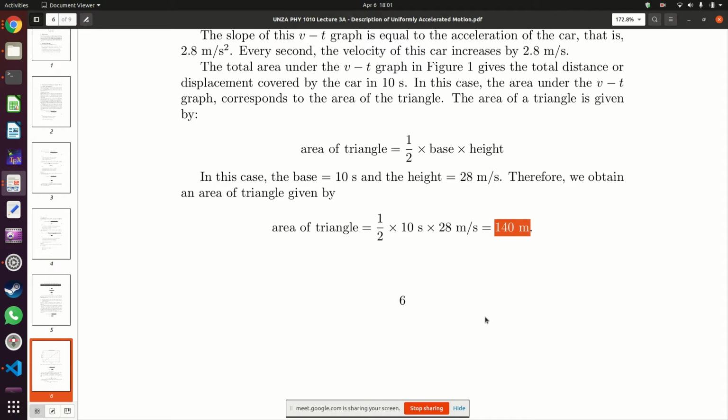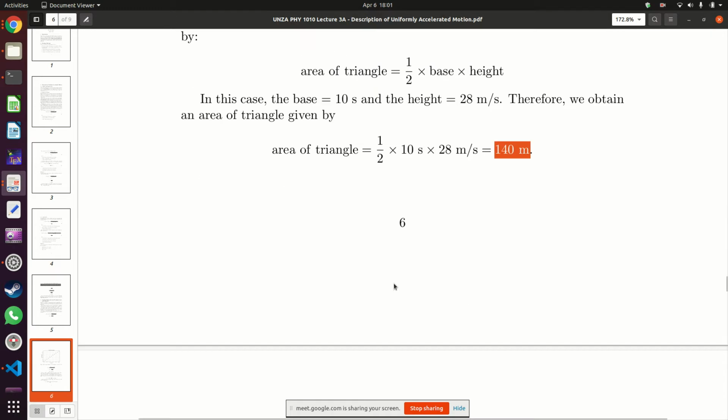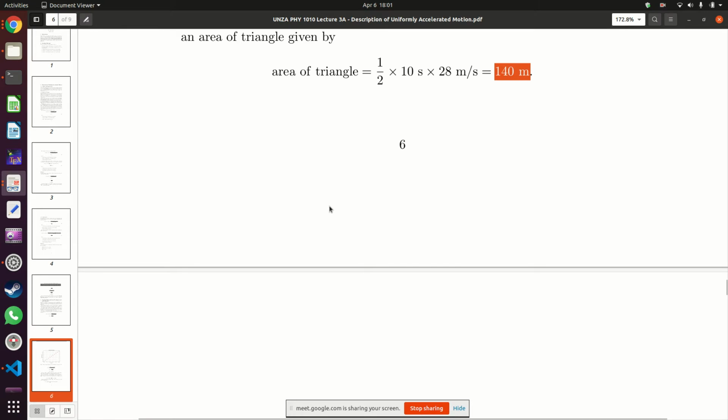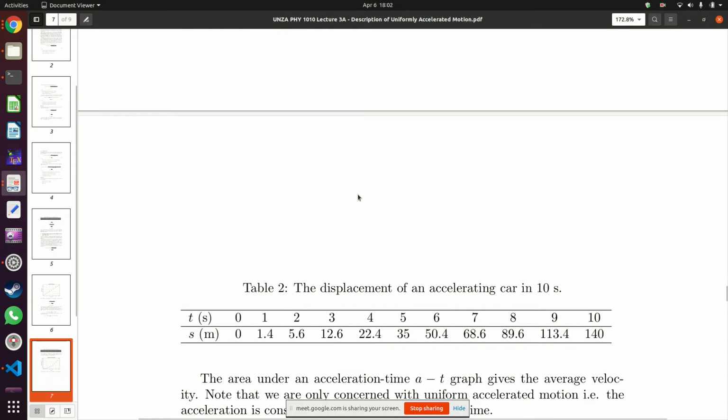This 140 meters is telling you that when you work out the area under the velocity time graph, what you get is a distance or a displacement. In this case, the displacement. So the area under a velocity time graph gives you the displacement covered by an object in that time.